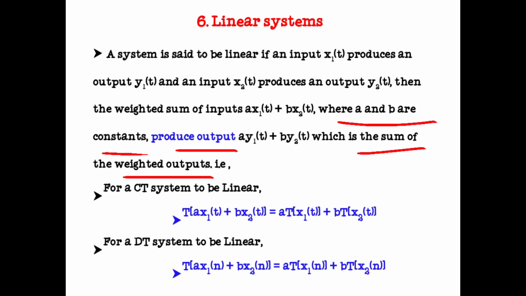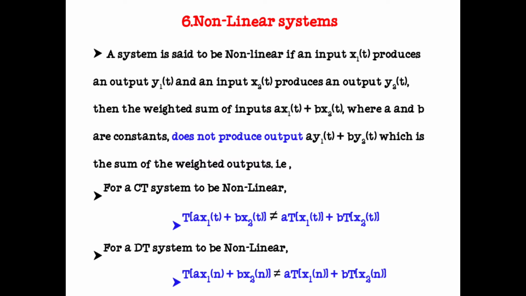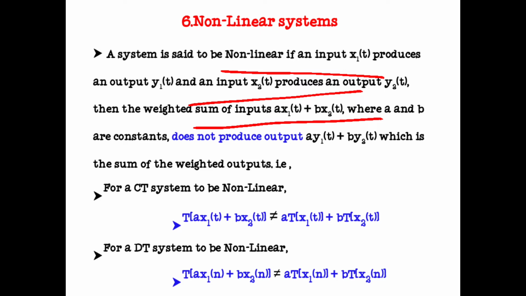For non-linear you write the same definition, but instead of produces output you write does not produce output a y1 of t plus b y2 of t, or in the other way, it does not obey the principle of superposition and homogeneity.